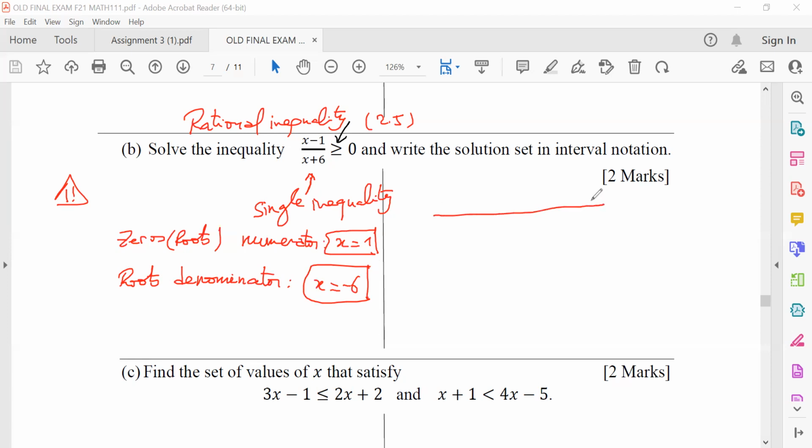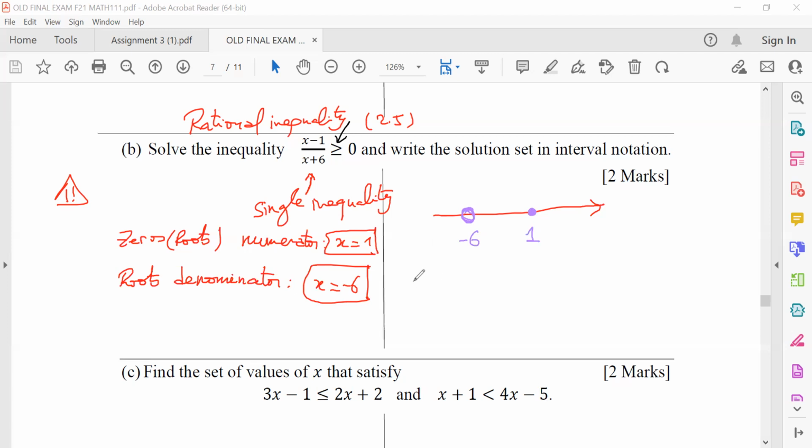Then we have to draw the real line. On the real line, 1, the numerator, it can be 0, and minus 6, the denominator, is a hole because there is no division by 0.